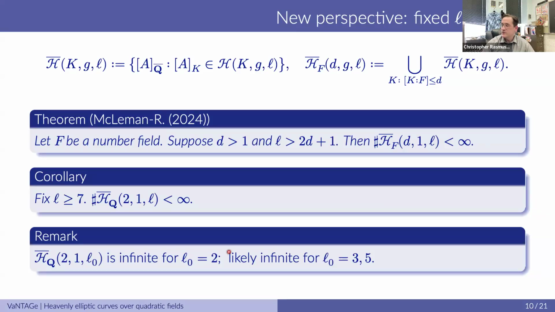And although we have not written down the details, it's very likely that you can play a similar game at the primes 3 and 5 by simply parametrizing a certain family of points on either Y1(3) or Y1(5), respectively. So in some sense, L equals 7 is certainly the best we can hope for in terms of finiteness results.